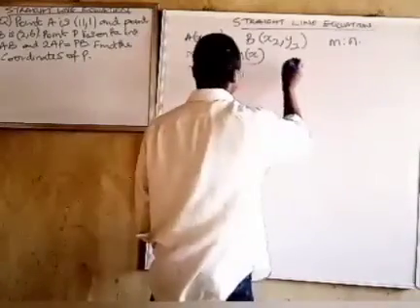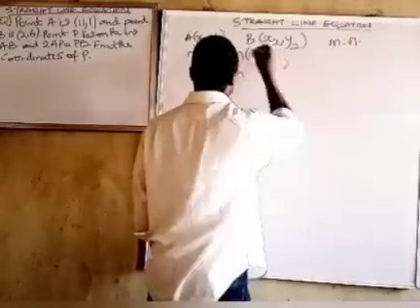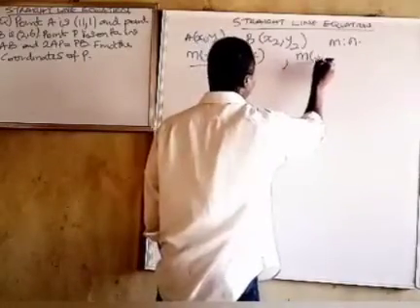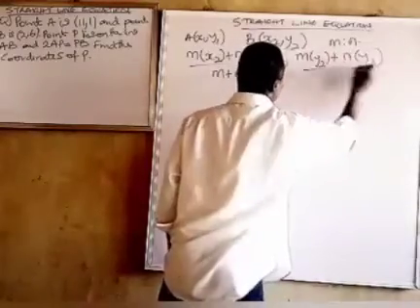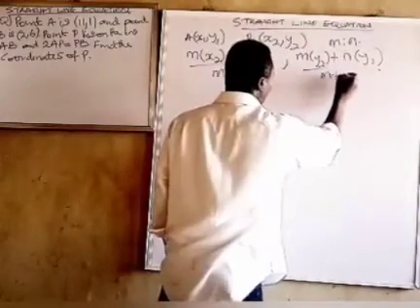We also have it for y: (n·y2 + m·y1) over (m + n).